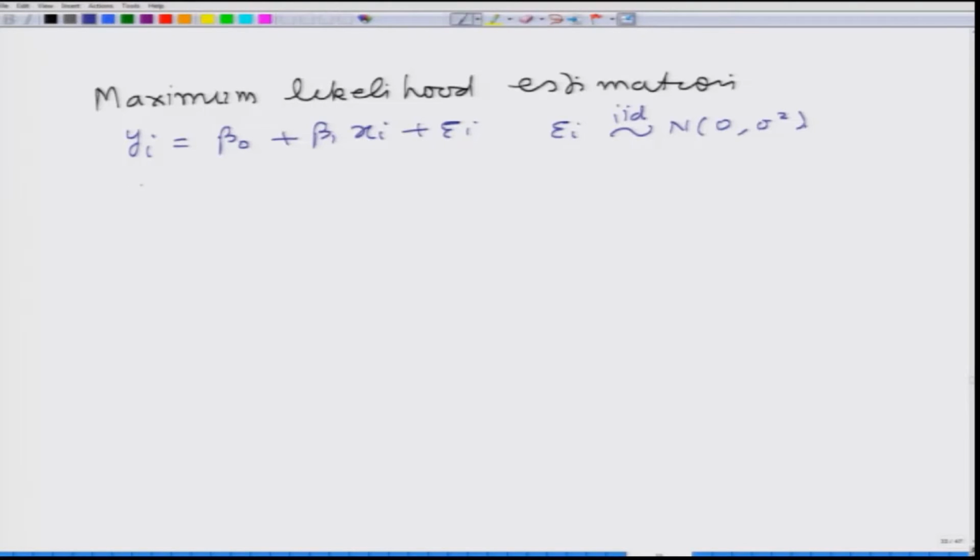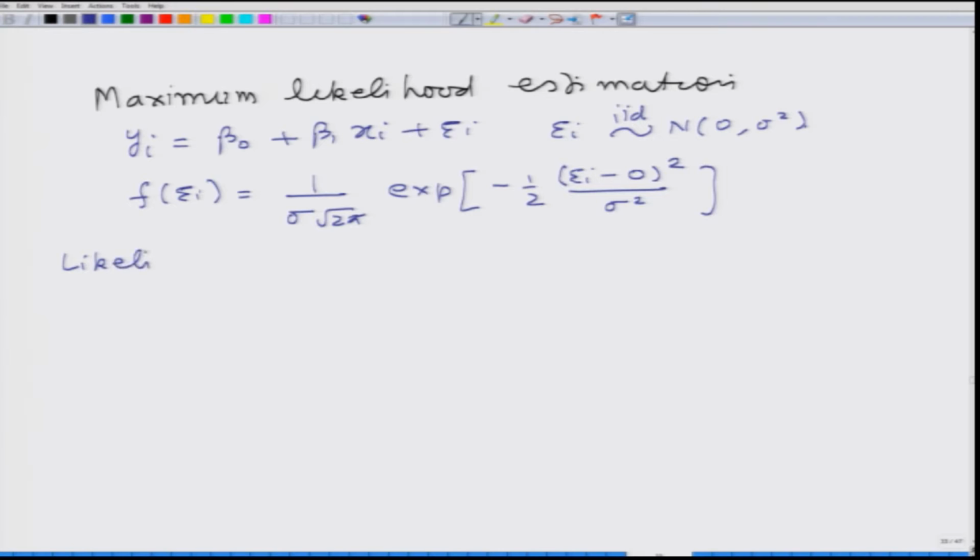We all know that the probability density function of epsilon i is 1 over sigma root 2 pi exponential of minus 1 over 2 into (epsilon i minus 0) whole square over sigma square.